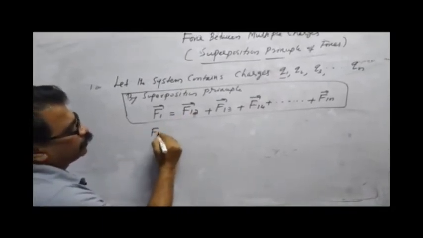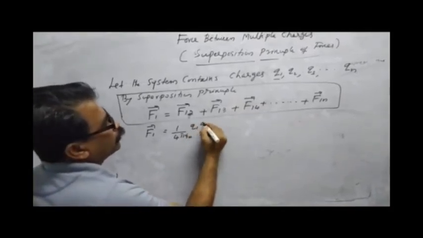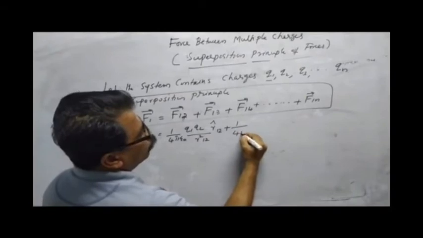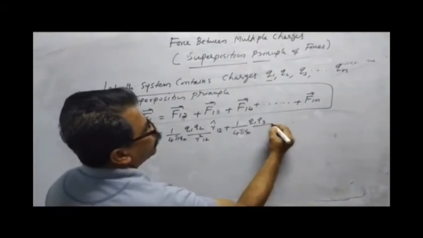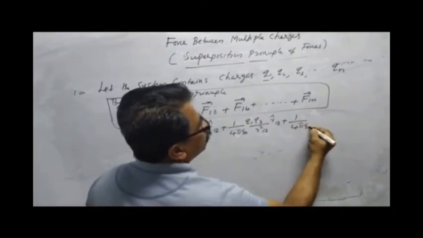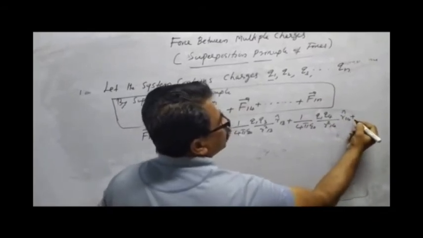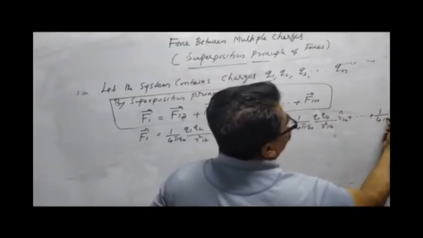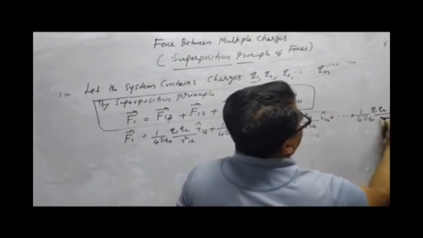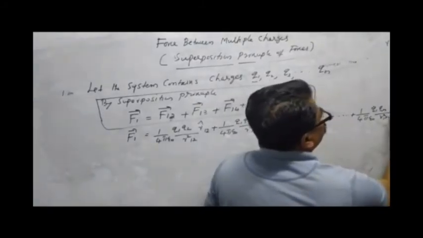And using the equation F1 equal to 1 by 4 pi epsilon 0 Q1 Q2 by R square 12 into cap R12 plus 1 by 4 pi epsilon 0 Q1 Q3 by R square 13 cap R13 plus 1 by 4 pi epsilon 0 Q1 Q4 by R square 14 cap R14 plus etc. plus 1 by 4 pi epsilon 0 Q1 Qn divided by R square 1n into cap R1n.